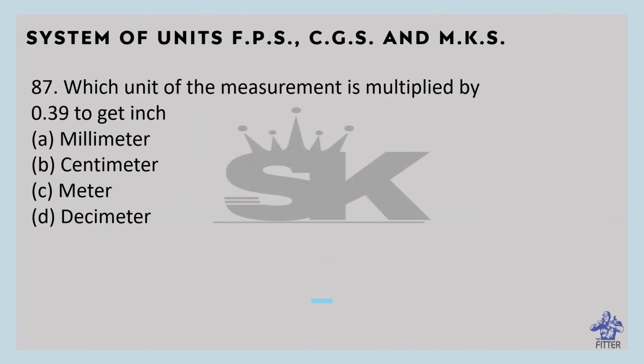Which unit of the measurement is multiplied by 0.39 to get inch? That is centimeter. Okay, so here 1 inch equals to 2.54 centimeter, right?